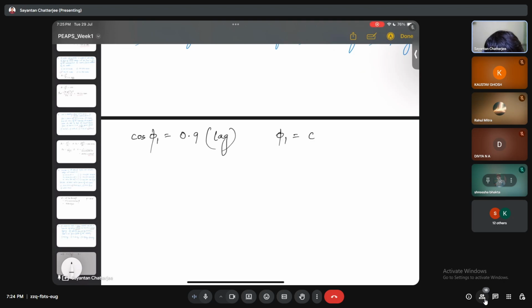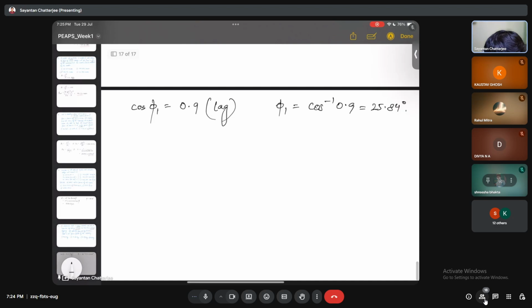So what will be the value? Cos inverse, just check. 25.84. So let's keep this value.